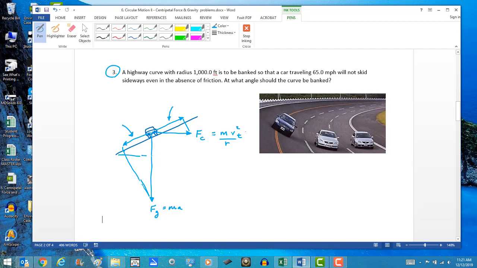All right, so let's take a look at what we have. We really have 3 similar triangles. We know that that's theta. That's what we're trying to solve for, the optimum bank on the curve that we're trying to design. But isn't that triangle exactly the same as that triangle and that one? Yes, it is.